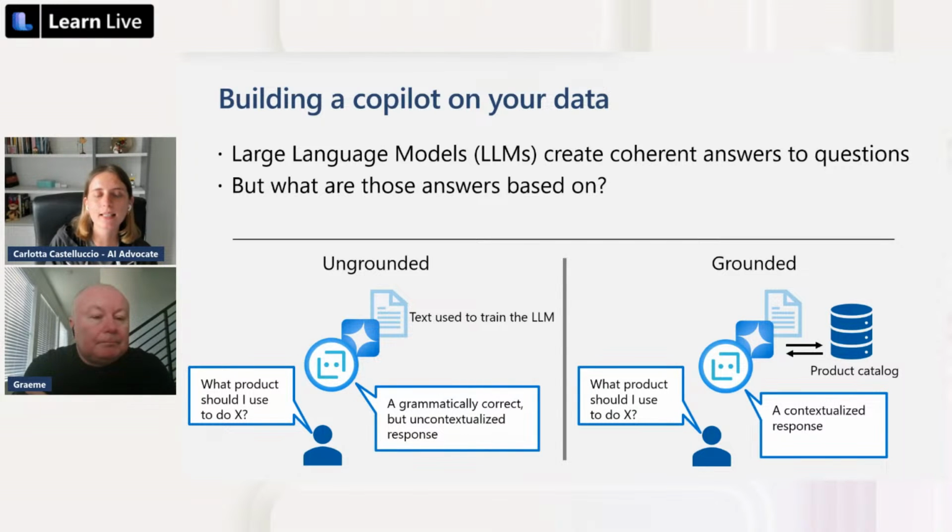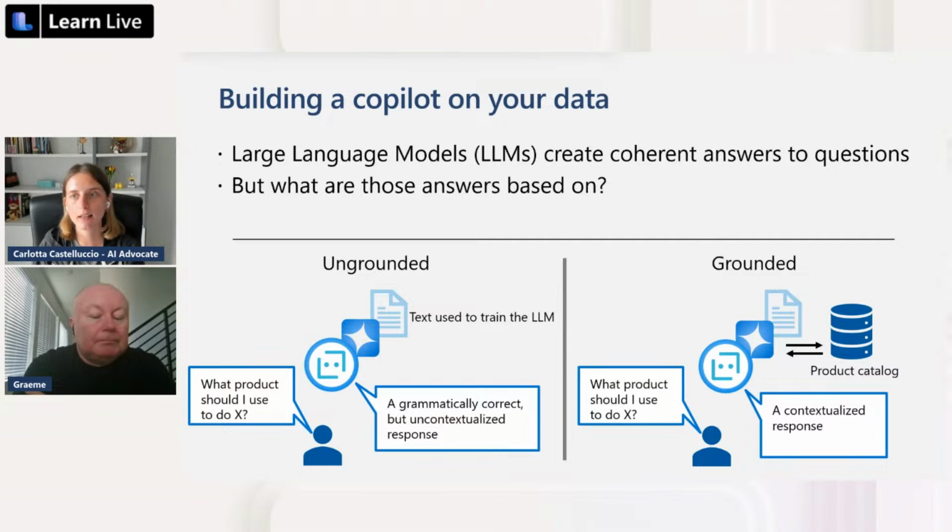And the model uses the text it was trained with to generate a coherent, grammatically correct, and appropriate answer, but it's not based on a validated data source. So it might reference, for example, a real product that happened to be included in the training data, or it might even just invent a product, because the goal of the model is just to provide an answer to the question, even if the answer is not grounded in reality.